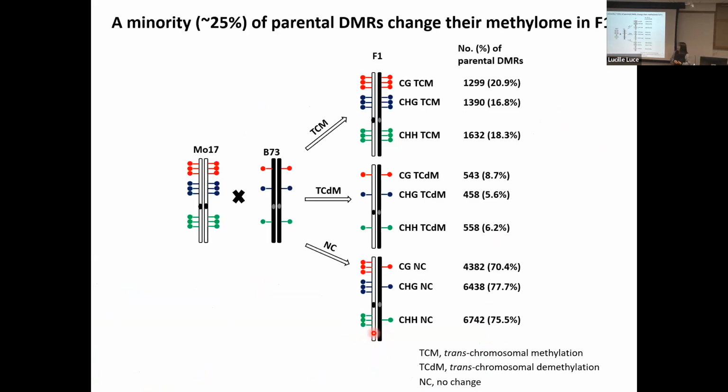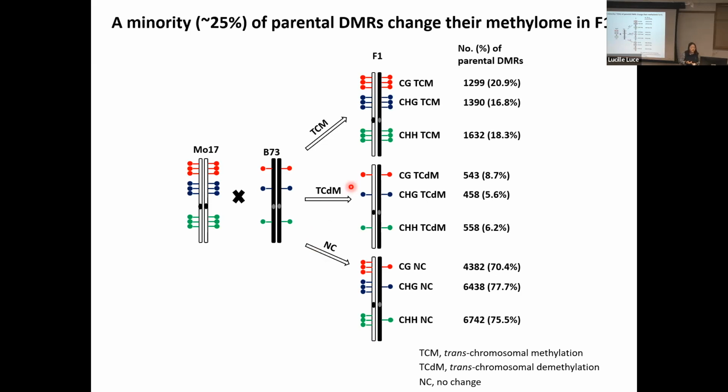So then we identify these parental DMRs. We want to see what their methylation level looks like in the hybrid when we combine these two sets of chromosomes together. We find that the majority of parental DMRs don't change their methylome, even when you bring these two sets of chromosomes together.